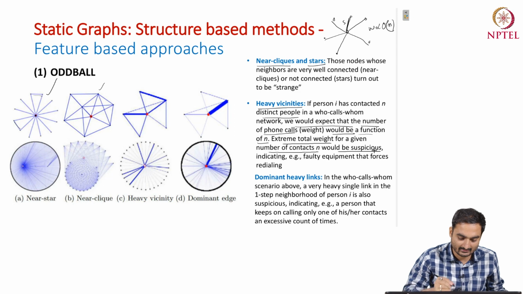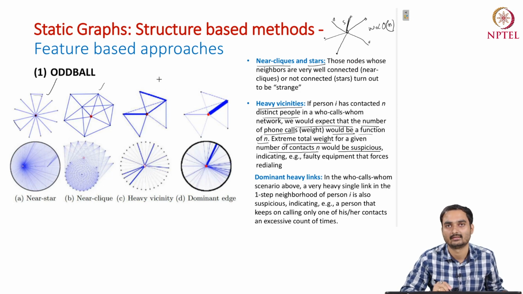Now, think about it. Say you see that this guy has called lots of times to a subset of his alter nodes, his neighbors, which is not simply of order n. That is suspicious.